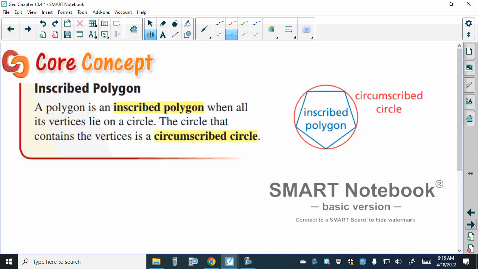Let's look at the next theorem. A polygon is considered to be an inscribed polygon if all the vertices lie on the circle. The circle that contains the vertices is a circumscribed circle. So whenever all the vertices of a polygon lie on the circle, it's called an inscribed polygon.